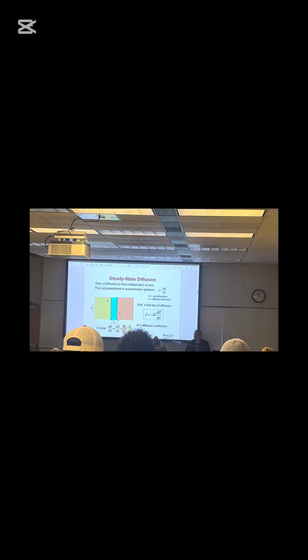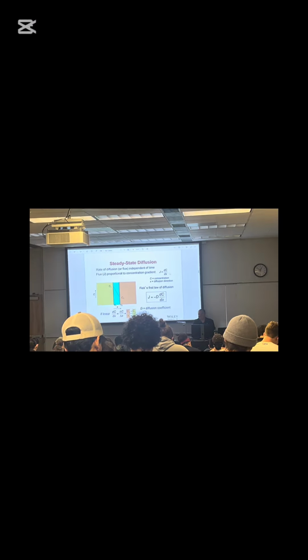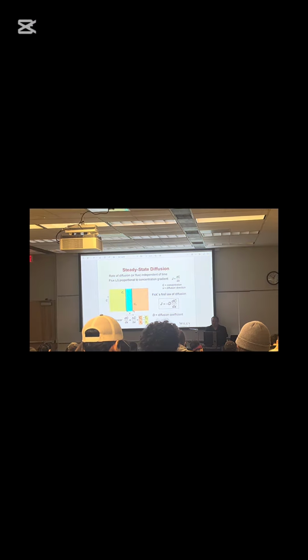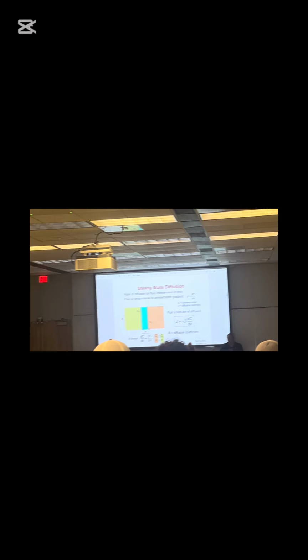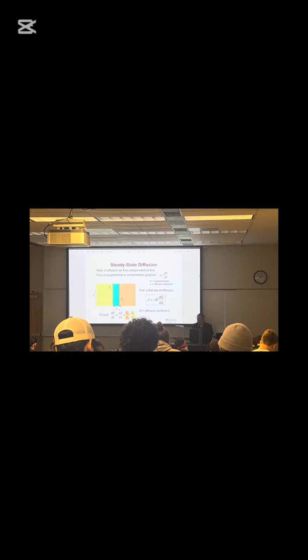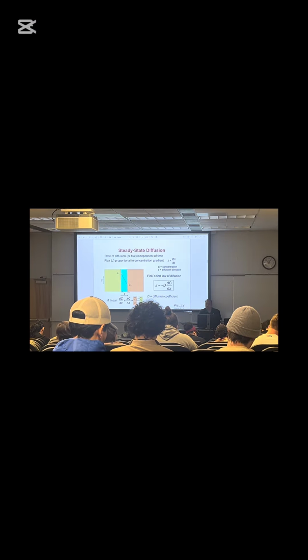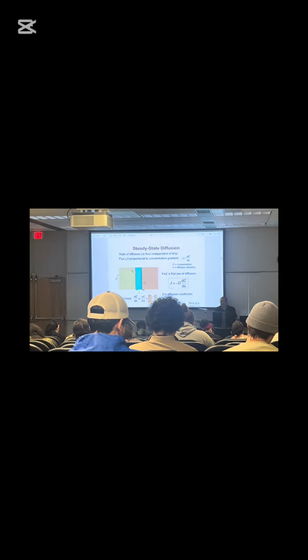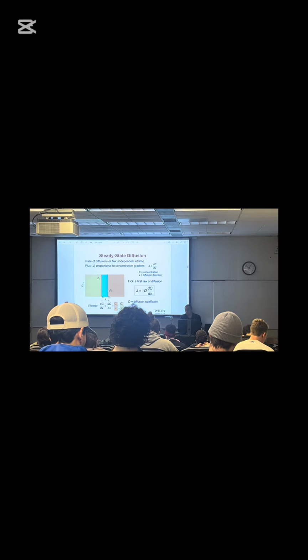And in this case, flux J is proportional to the concentration gradient, dC/dx. C is the concentration, x is the diffusion direction. So here we have a thin membrane, and here is the position x1, and this is x2. And on one side we have the concentration C1, and on the other side we have concentration C2.